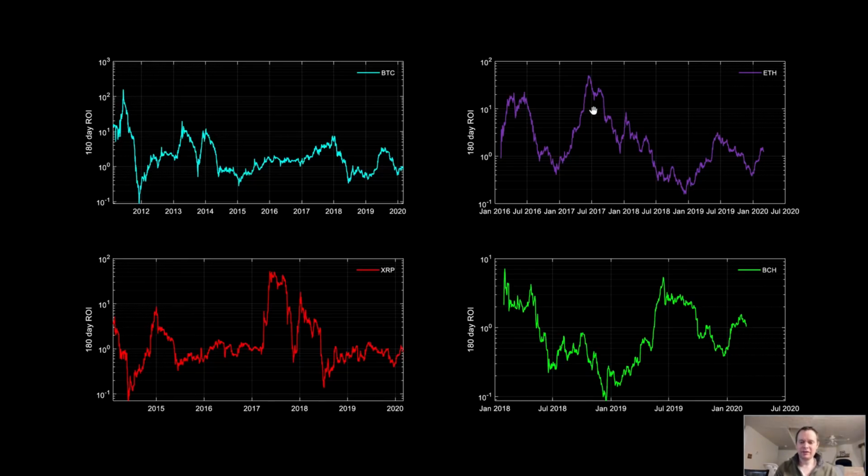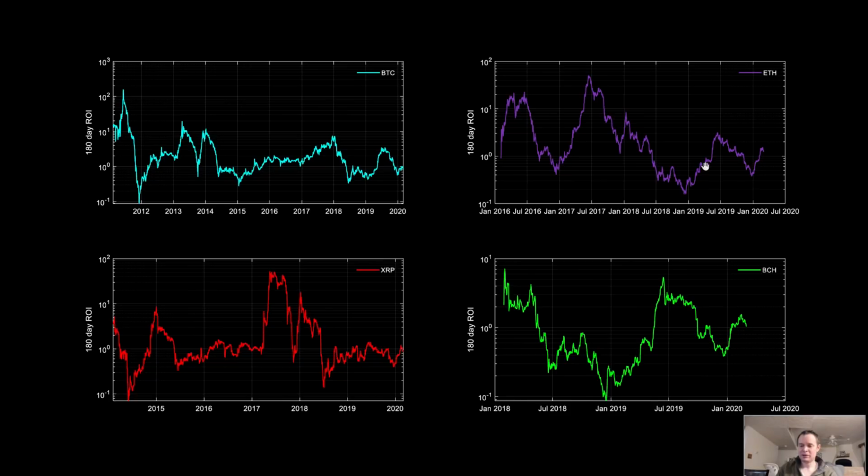But Ethereum, this is one of the reasons why so many people are bullish on Ethereum. Not only because of its fundamentals, but just look at its history and look how strong it came out swinging in 2017, where it saw a 50 to 60x, and then even spiked back up to around a 10x after its 6-month ROI had gone down, because it's hard to keep up that level of momentum for that long.